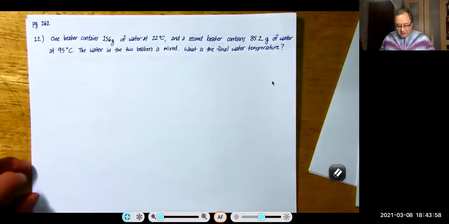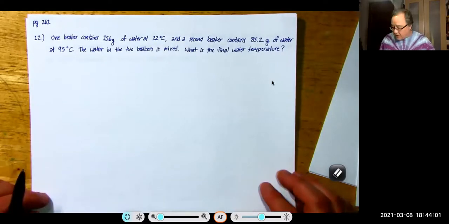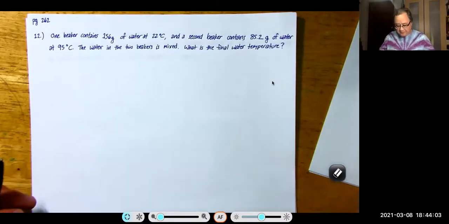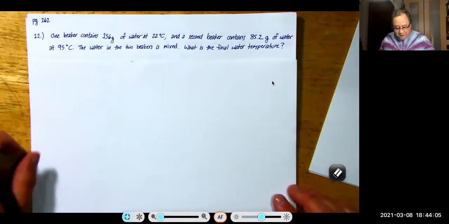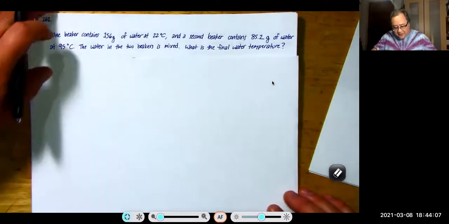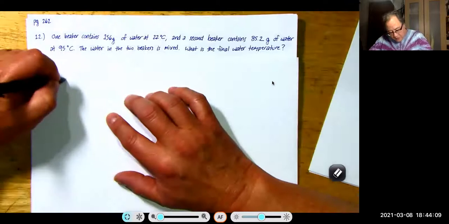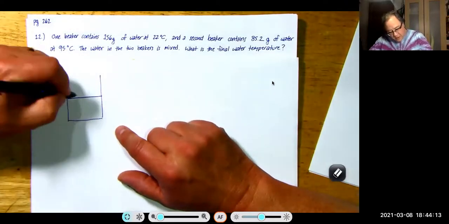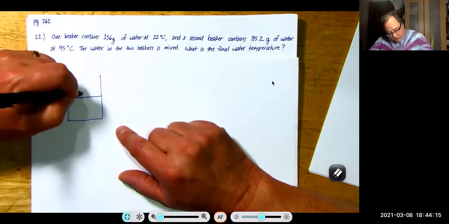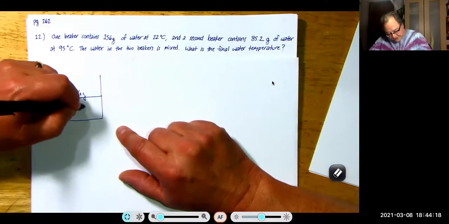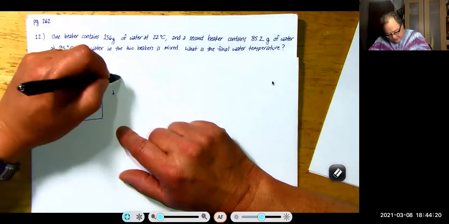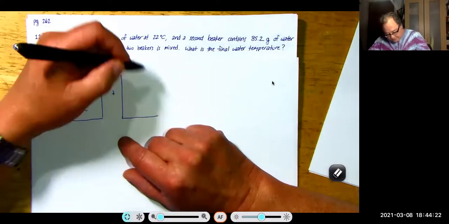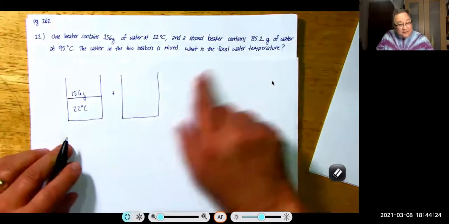Okay, number 12. This is a tough one to do because we have 2 different beakers at 2 different temperatures. So one beaker, you got 156 grams of water and it's at 22 degrees Celsius. The other beaker, you got about half as much.